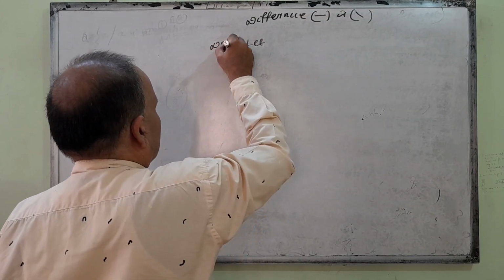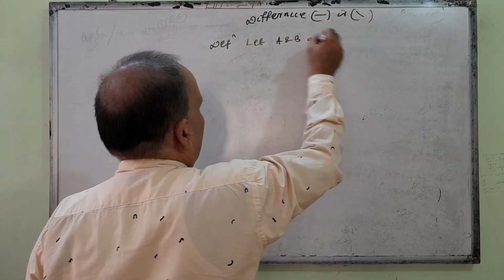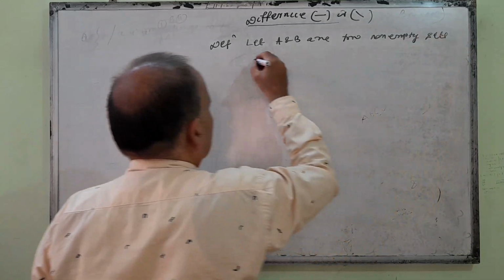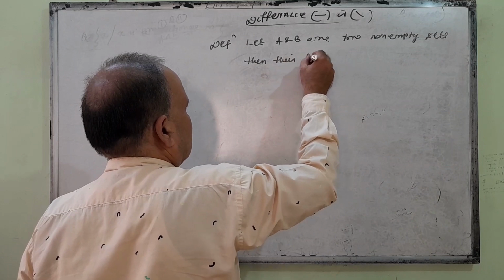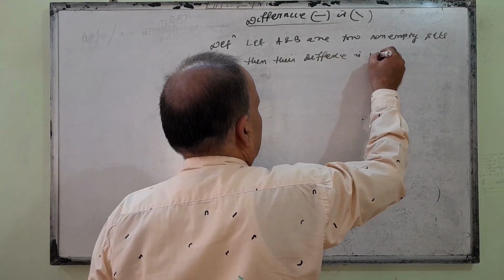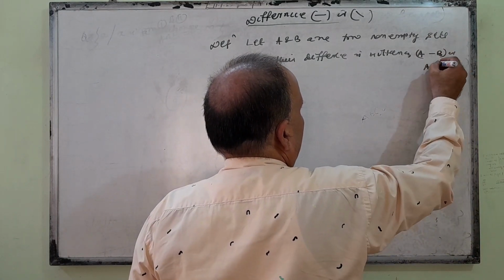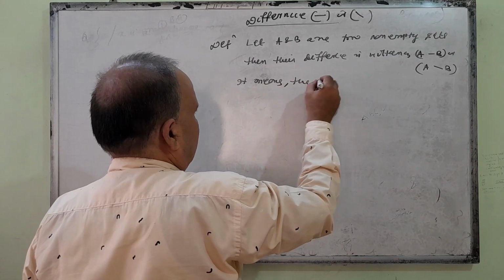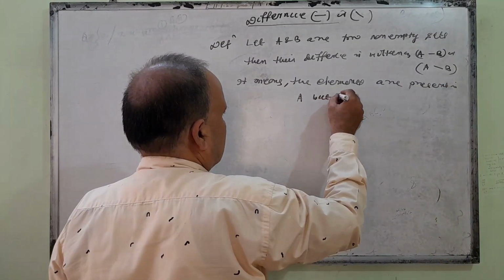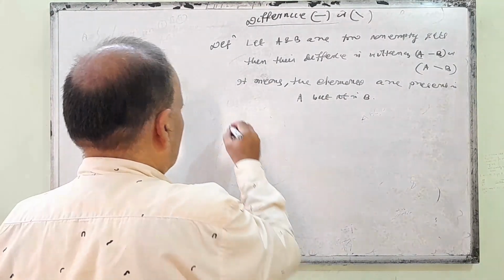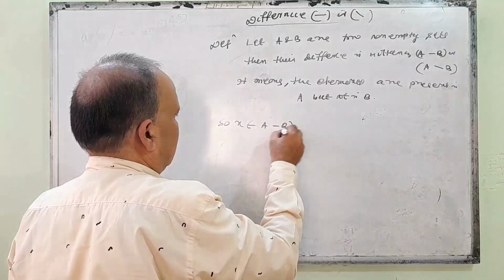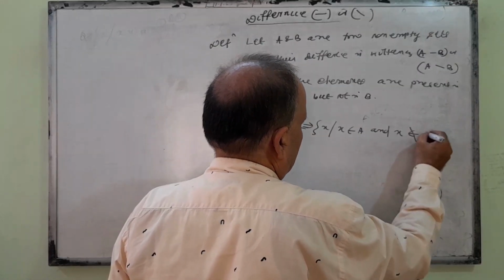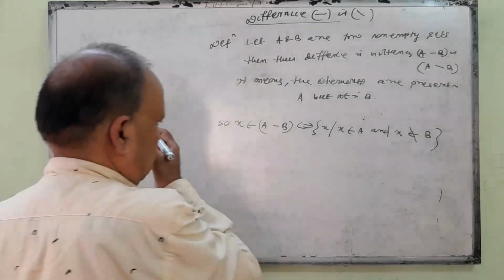Definition: let A and B be two non-empty sets, then their difference is written as A difference B or A minus B. It means the elements that are present in A but not in B. So mathematically, x belongs to A difference B is implied by x such that x belongs to A and x does not belong to B.